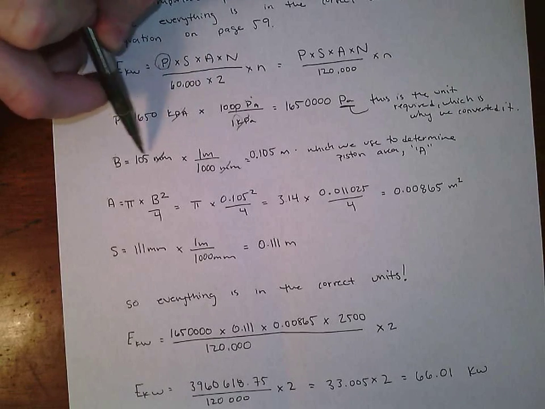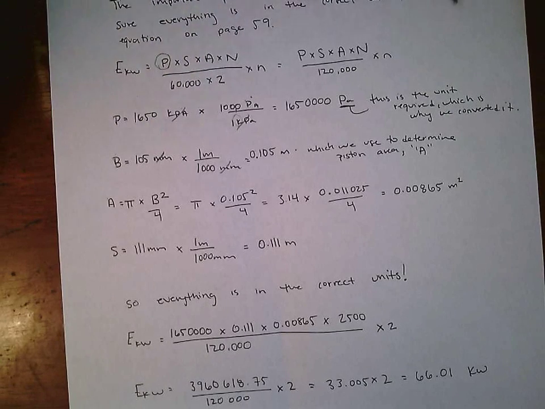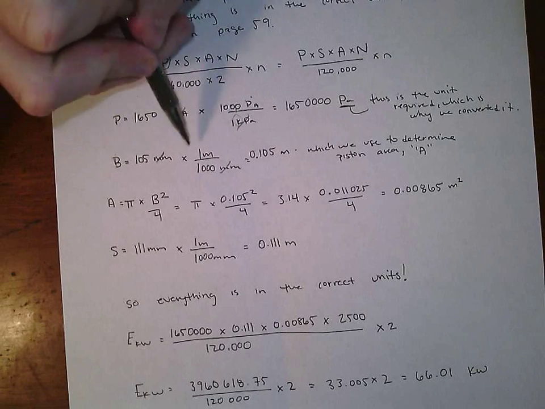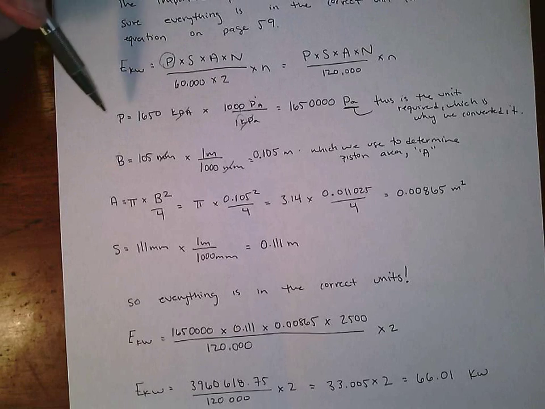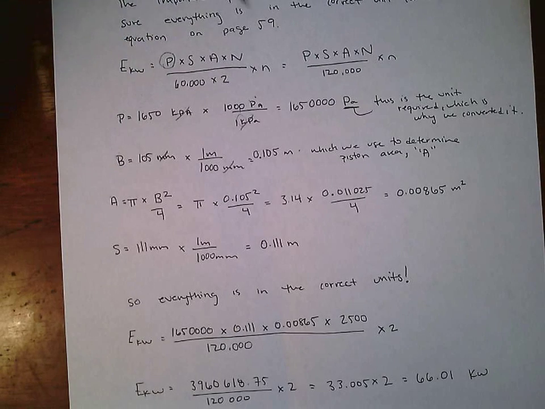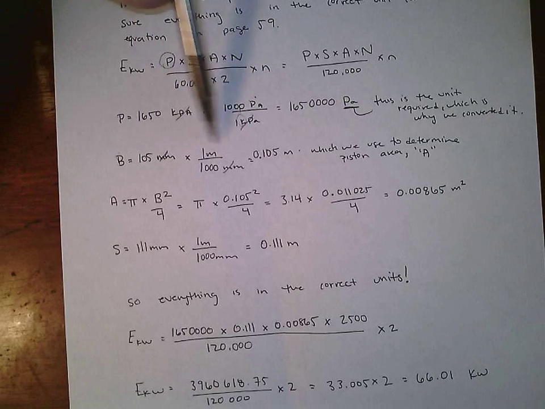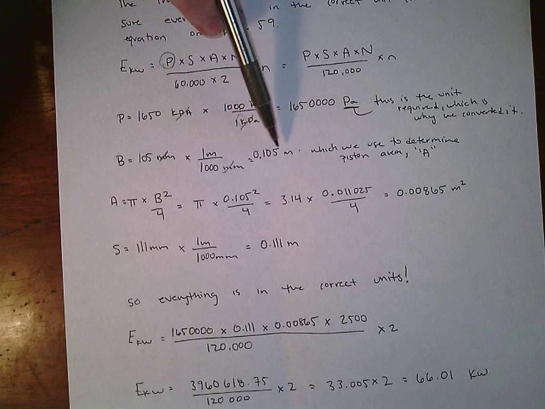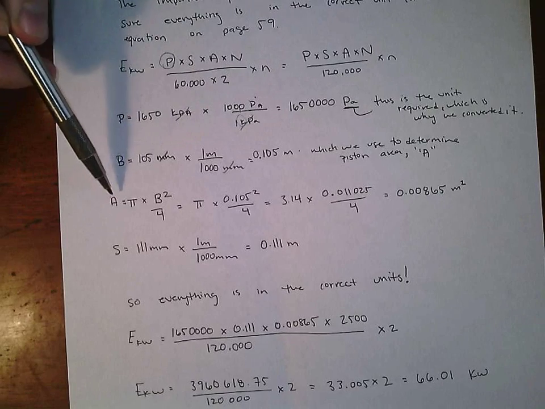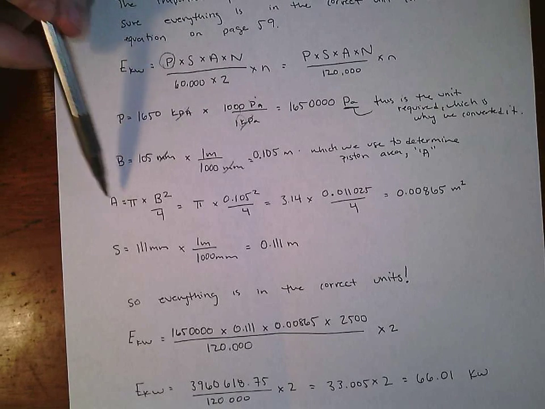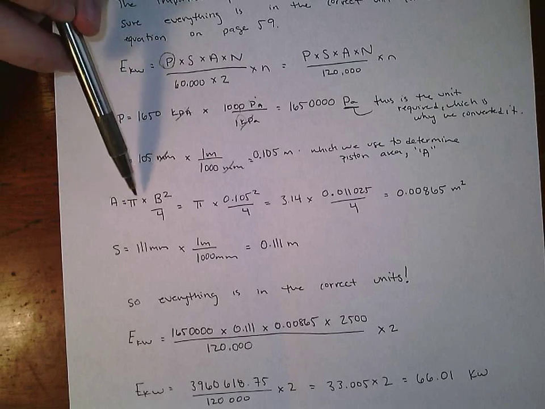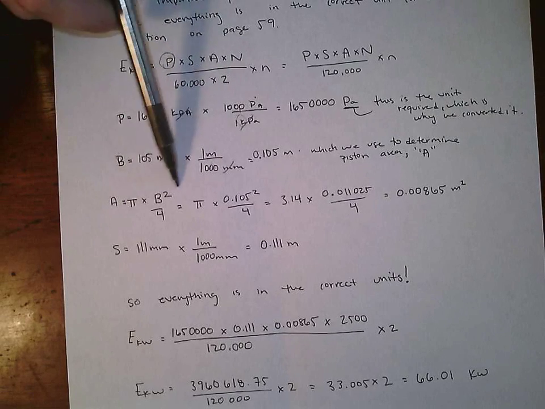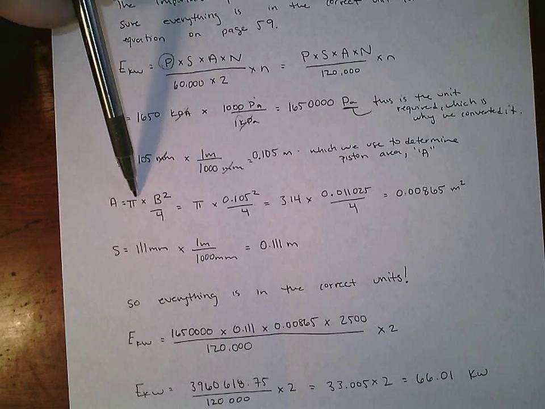So that's why we did the bore size conversion a little bit differently than the pascal pressure conversion. Now that we have converted the bore size to meters, we can use this for our area calculation. So area is pi times the bore size squared divided by 4.